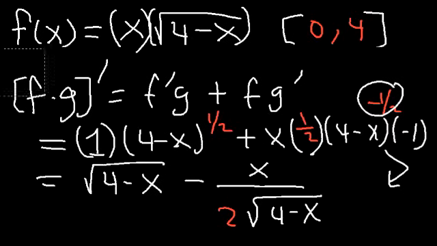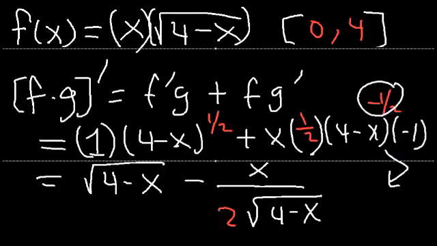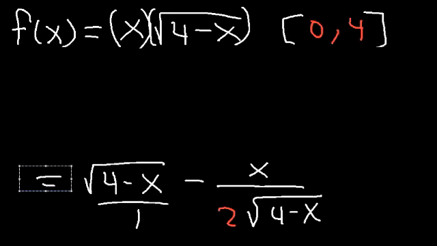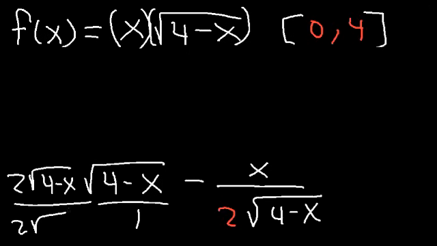So now we still need to simplify the derivative even more. If you have two terms, you want to combine them into a single term by getting common denominators. So let's multiply the first term by root 4 minus x. Actually, by 2 root 4 minus x, top and bottom.